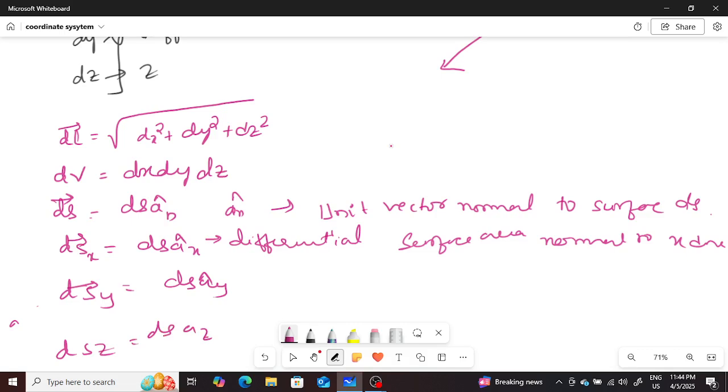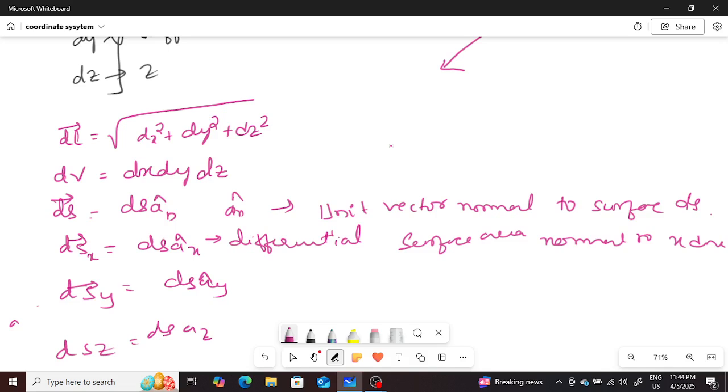Try to remember these. Whenever you define a point in any coordinate system, the displacement of that particular point will form another coordinate, and the distance between the new point and the initial point gives some length.